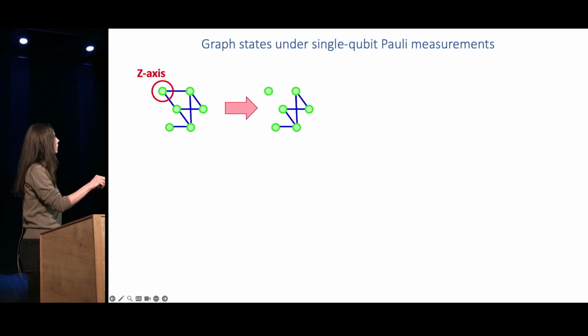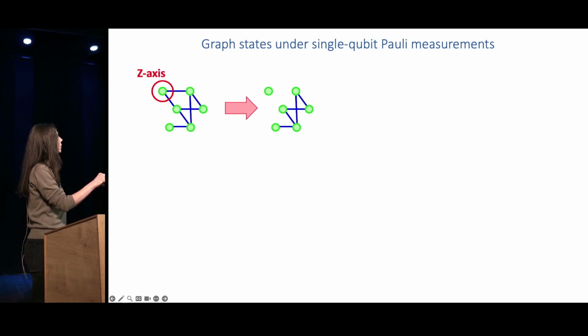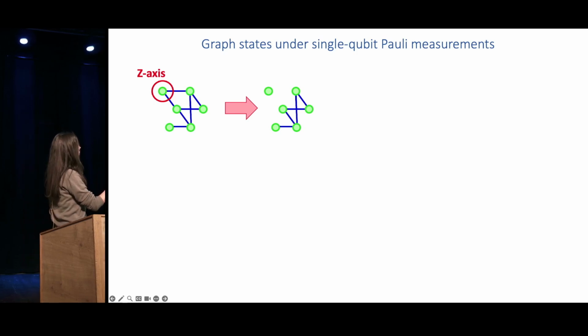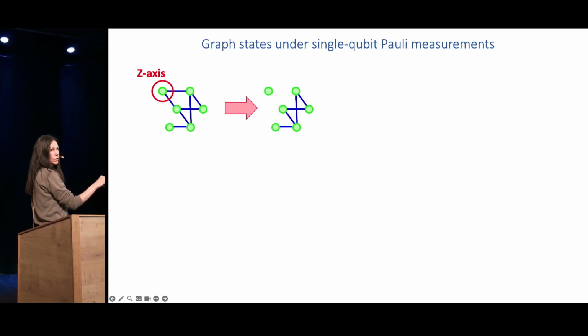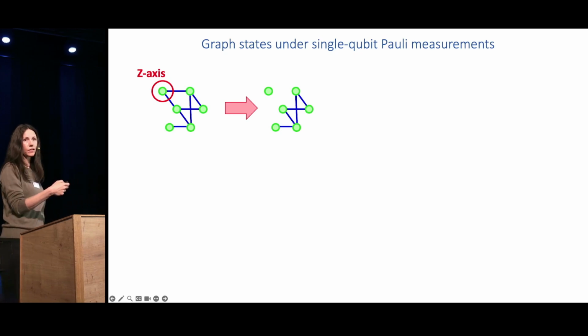So here, what would I have to do? I measure in the Z basis. For this to be a proper graph, even if it's a 1-node graph, what gate would I have to do? It'd be either 0 or 1, but we want this to be in state plus. So I need a Hadamard, right?